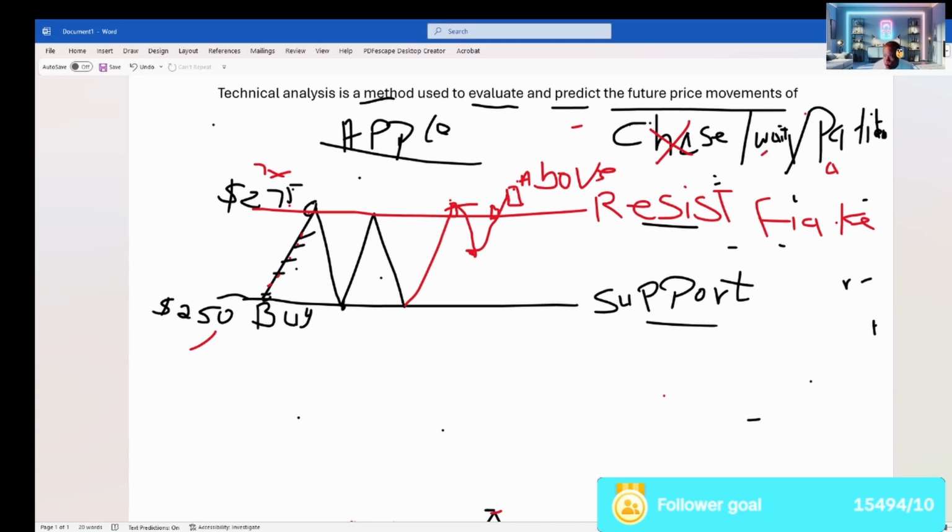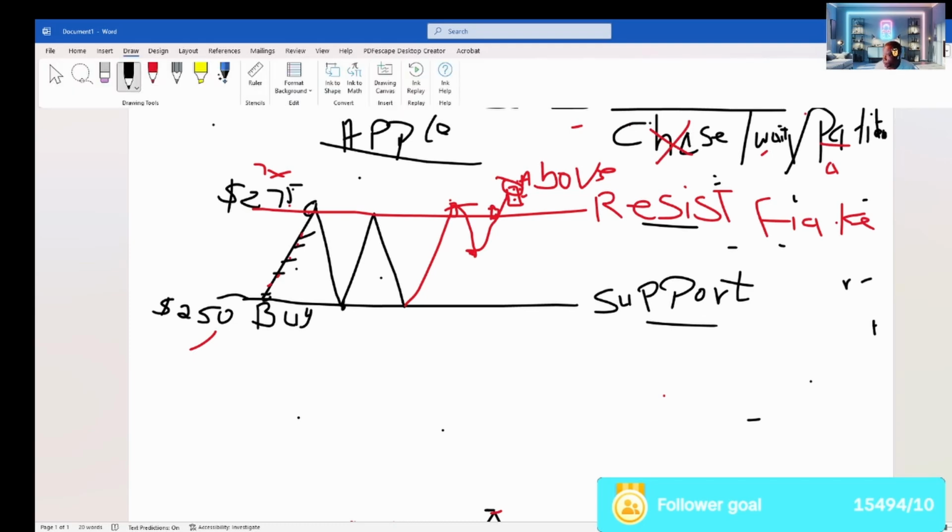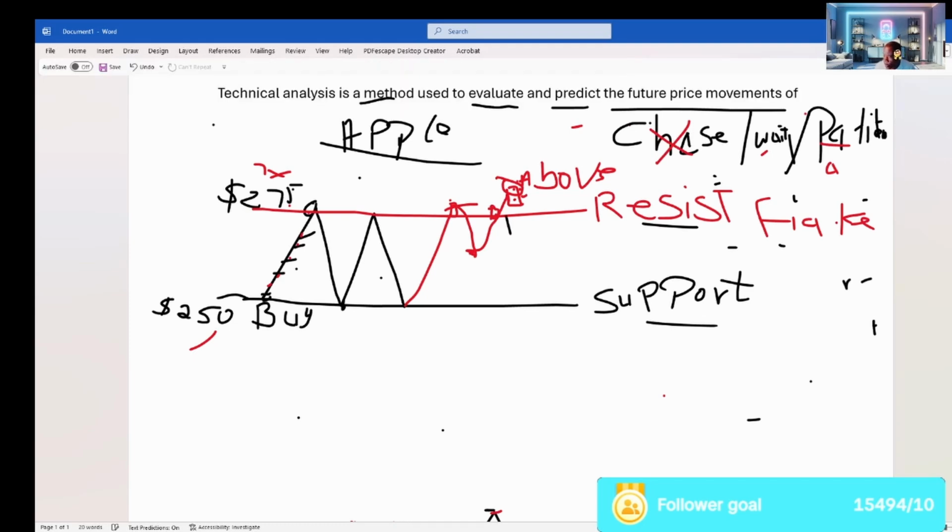That's why we told you to be patient. This next candle has to close completely above this previous candle.